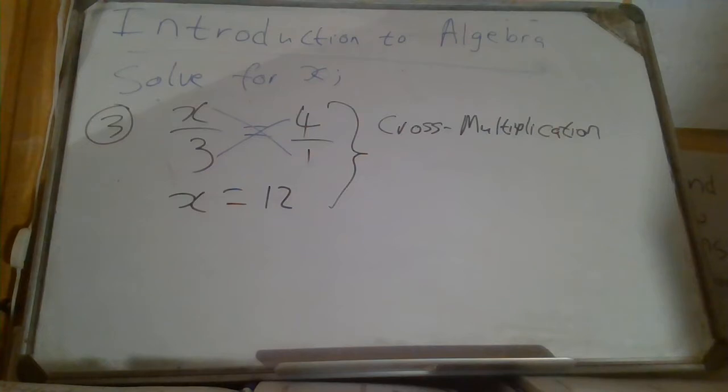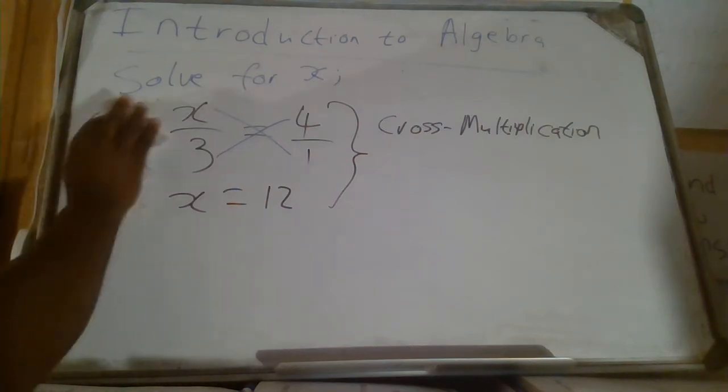All right, so now we know there's a method called, what is the first one? It was transpose. You transpose, and then there is also divide, and then there is also cross multiplication. So you cross multiply. All right, okay, now let's go on and let's look at another one, number 4.